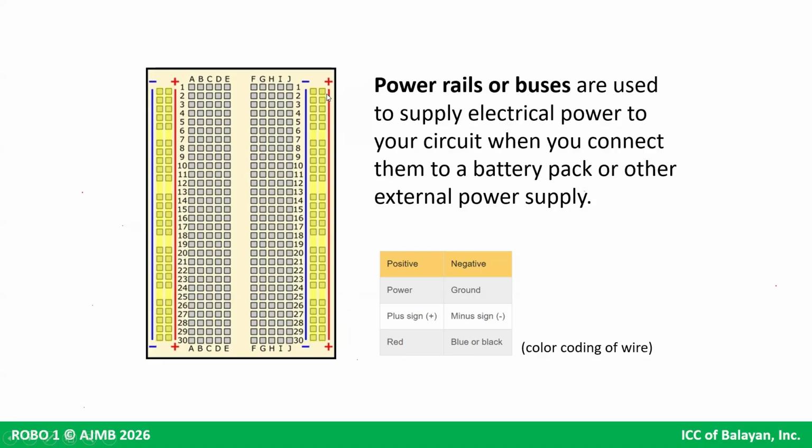So pagko-connect ka dito sa plus power rail, you use the red jumper wire. And then the black, usually the black, or if you want the blue to stay consistent, but usually it's the black wire you use to connect to the GND of the Arduino, or to the negative terminal of your battery.